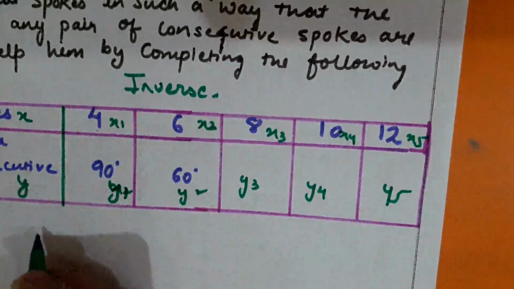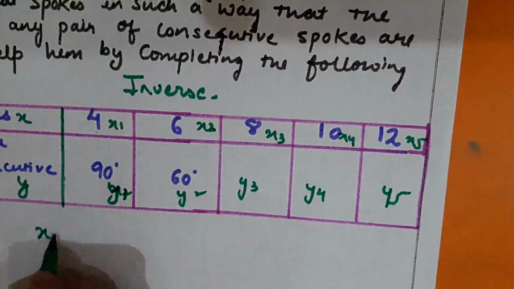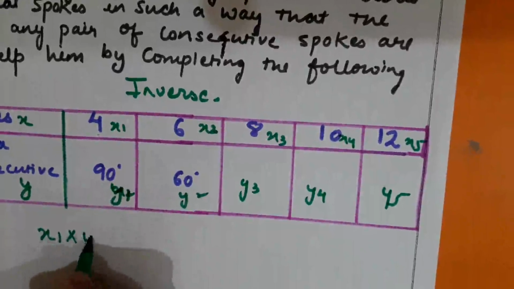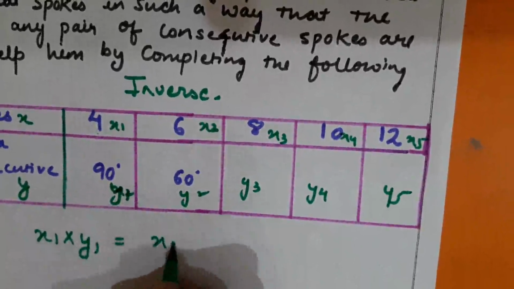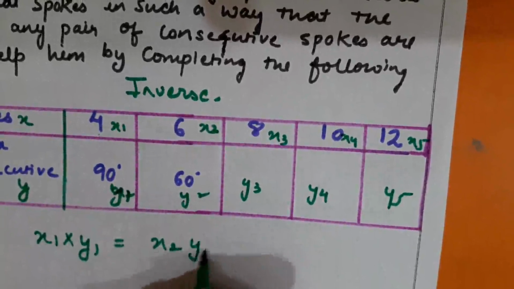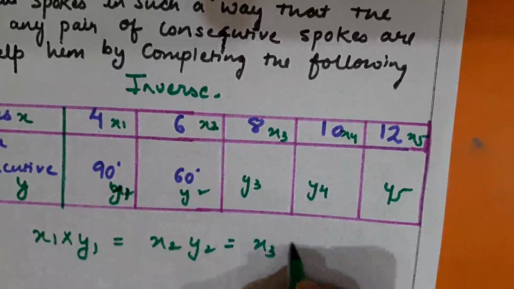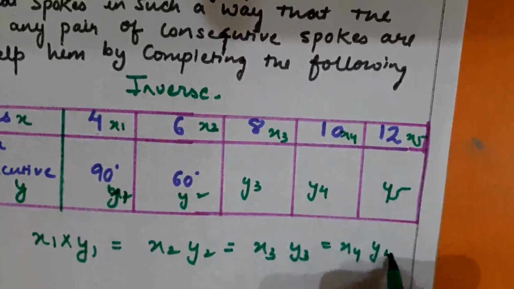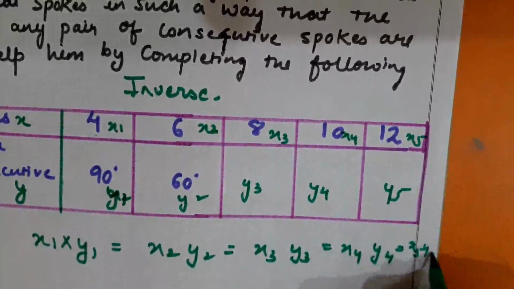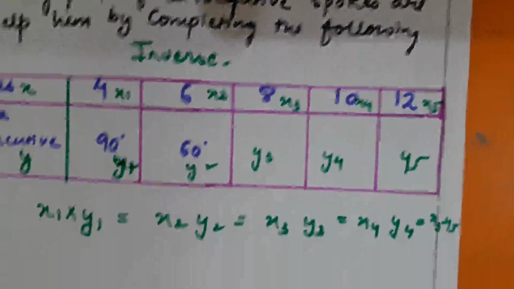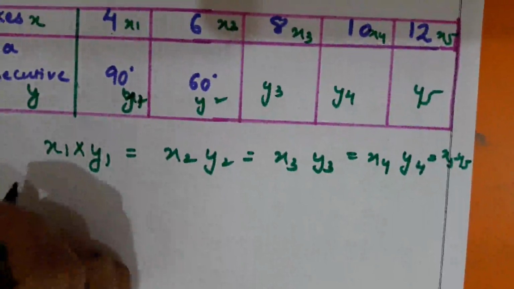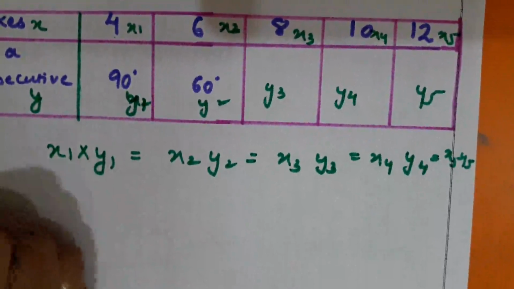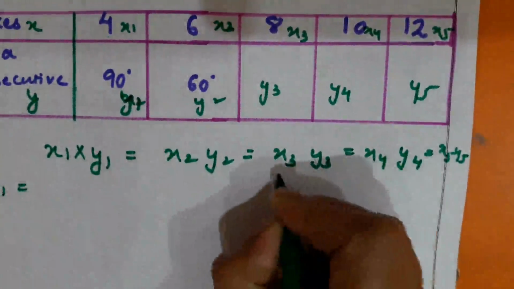So we are going to make x1 into y1 equal to x2 into y2 equal to x3 into y3 equal to x4 into y4 equal to x5 into y5. So in this way a situation can be formed. I am taking x1 into y1 because we need to find y3.